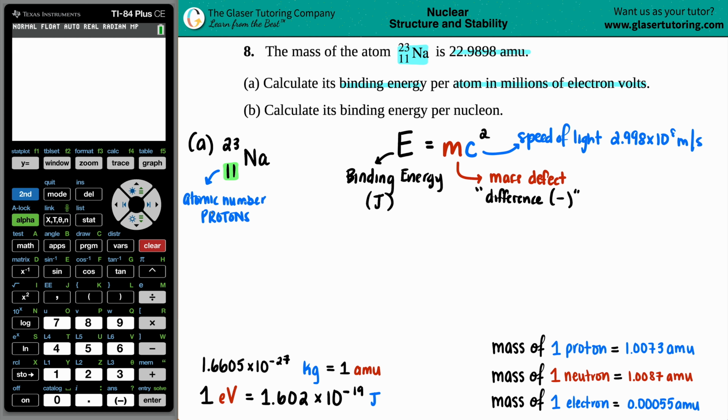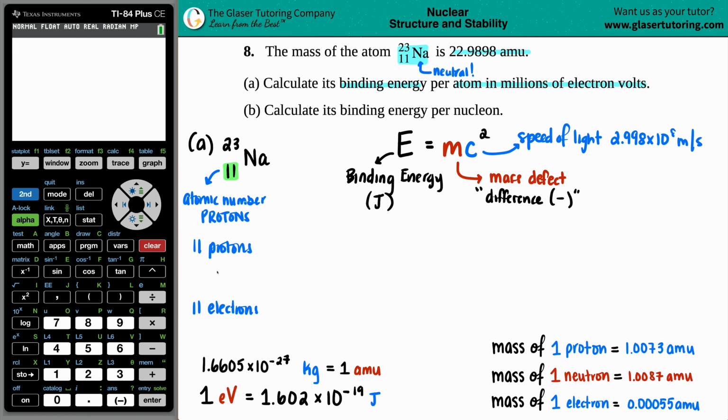So we have 11 protons. And since there's no charge in the upper right-hand corner, this is a neutral atom, so the positives from the protons counteract the negatives of the electrons. If you have 11 protons, you must have 11 electrons.